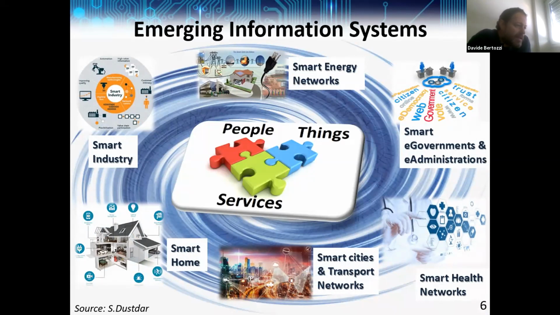This requires little or even no human intervention, delivering so-called smart services. Examples, as you can see here, range from smart homes to smart cities and transport networks, from smart e-health to smart industry and smart energy networks.